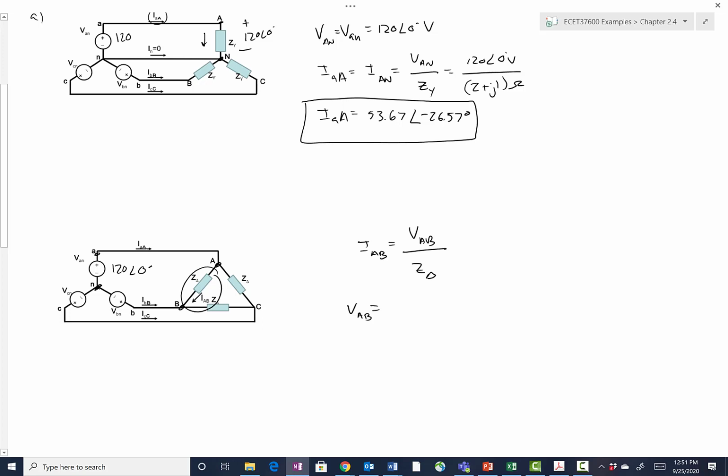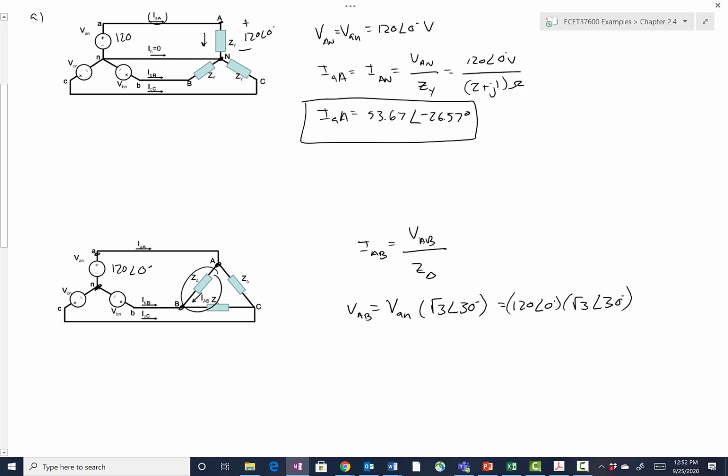So VAB, which is again a line to line quantity, is found by the associated phase voltage, or we also call that a line to neutral voltage. And remember, we multiply it by the square root of 3 at angle 30 degrees. So that's just 120 angle 0 degrees times root 3 angle 30 degrees.